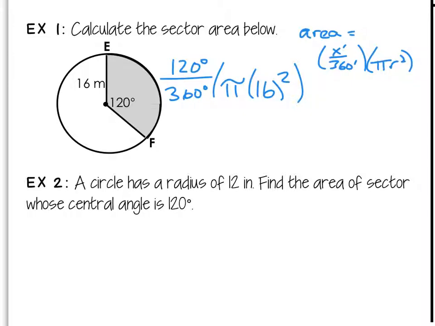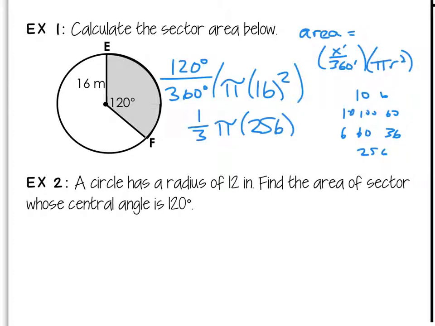So that's going to be reduced to 1/3 times pi times 16 squared, which I do not have memorized. 256. I should know that one. So this would be 256 over 3 pi.